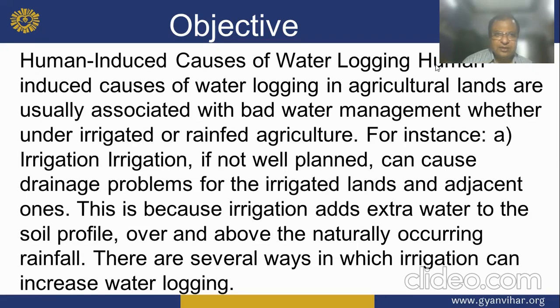Human-induced causes of waterlogging. Human-induced causes of waterlogging in agriculture are usually associated with bad water management under irrigated or rainfed agriculture. Irrigation, if not well planned, is a source.